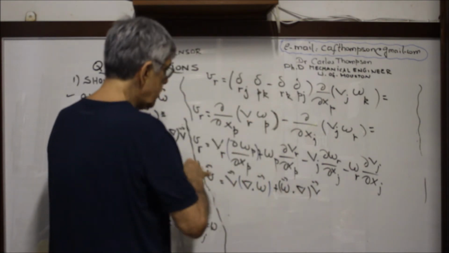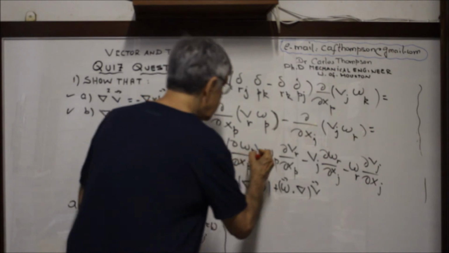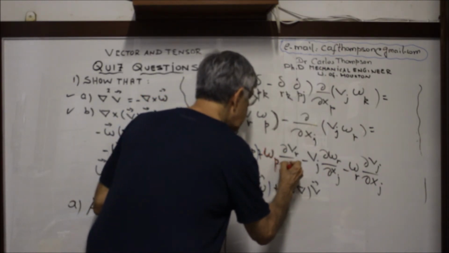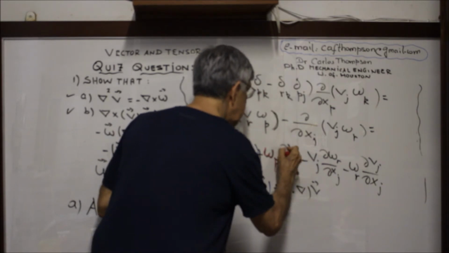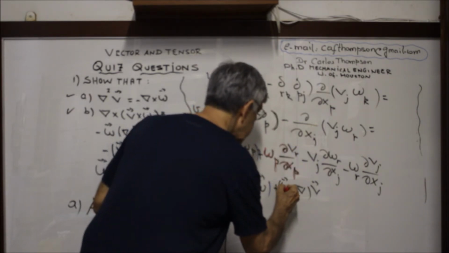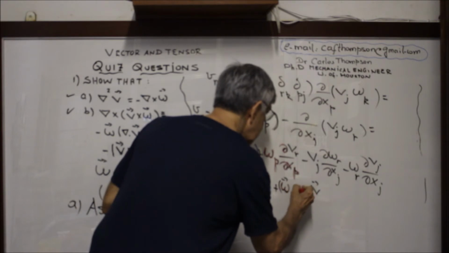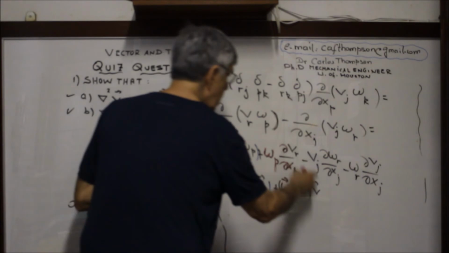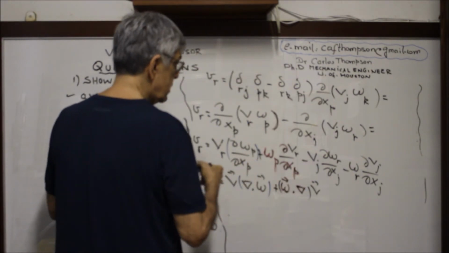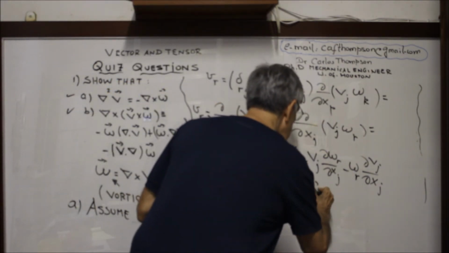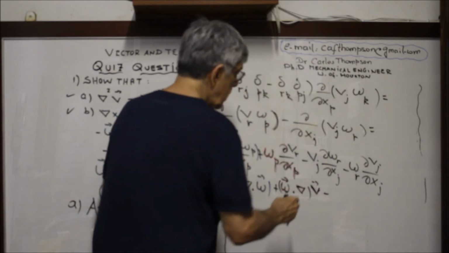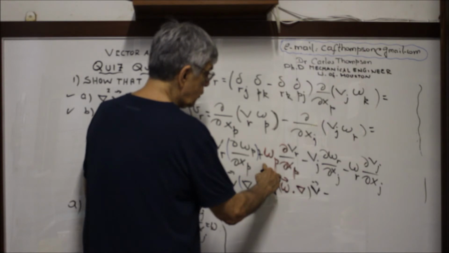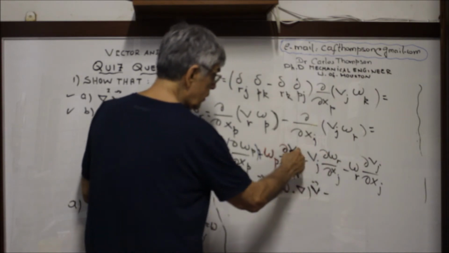You see? Now you can see clearly that omega p partial respect to xp, this is omega dot nabla. This is an operator. Now VR, you put V. Now minus here is the same as this. So the vector is omega, not VR.